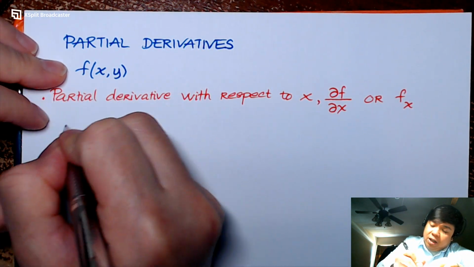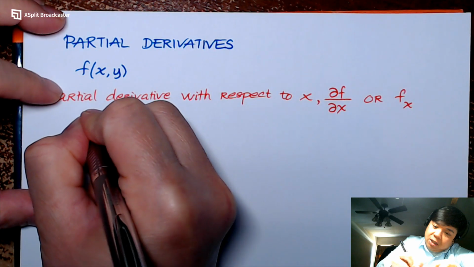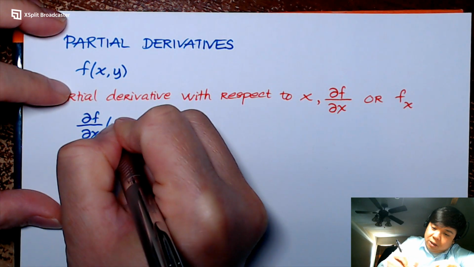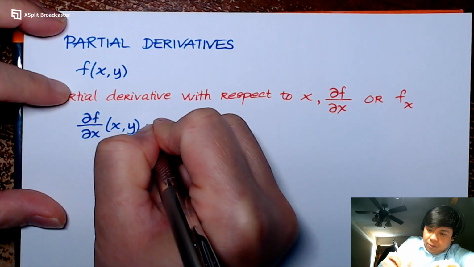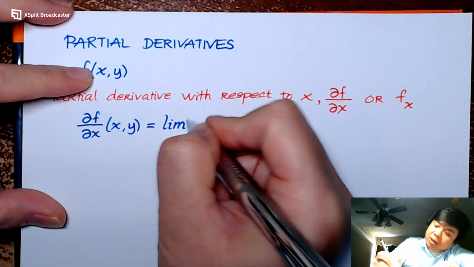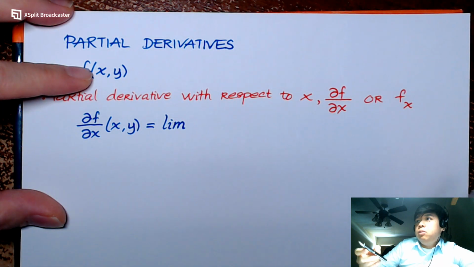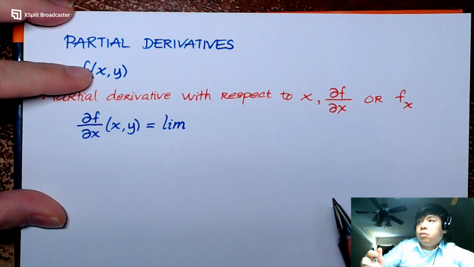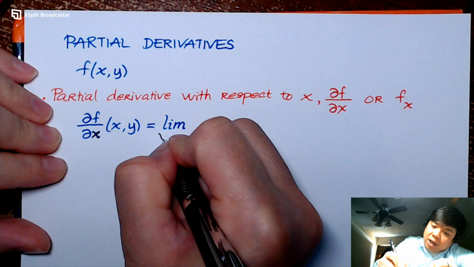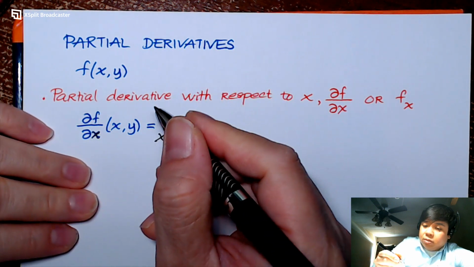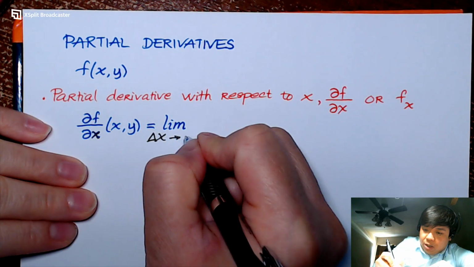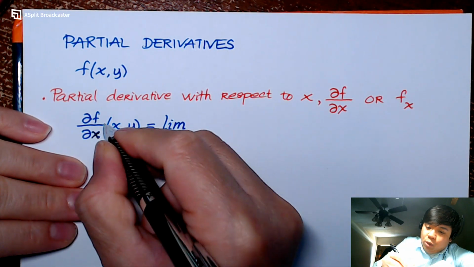And the definition is going to be like this. The derivative of f with respect to x is just going to be the limit, as delta x goes to 0, and we'll treat y as constant.